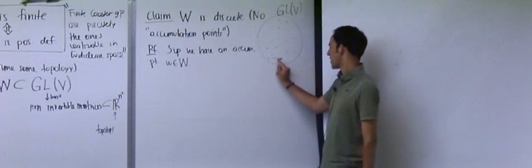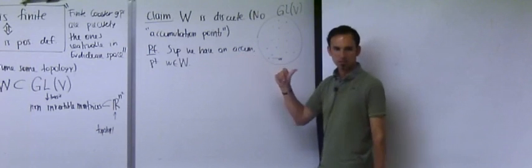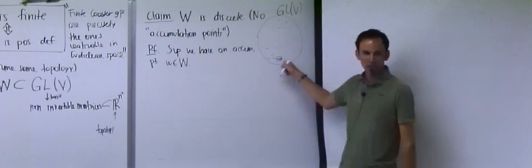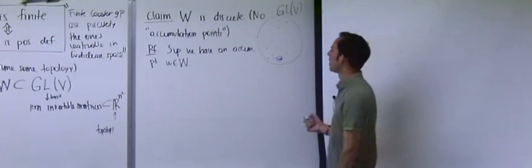Basically by proving that this W is not a limit point of other things. One way of proving that is by showing a little ball around W that doesn't contain anything else in the group. That's what you do in topology, and that's what you do if you don't know topology and you want to think of some sensible way of doing this. So I'm going to find this for you.